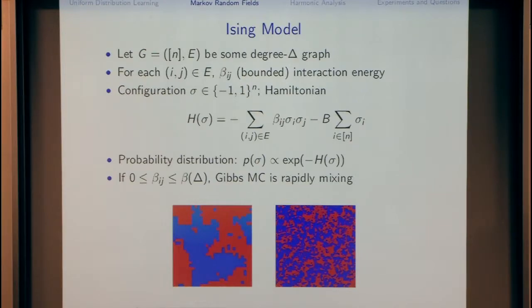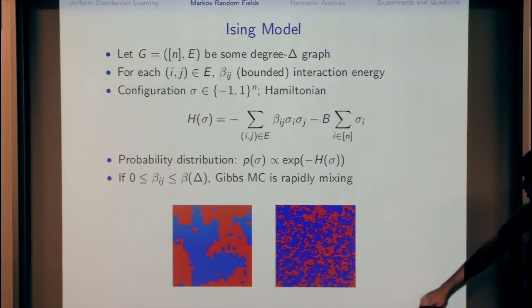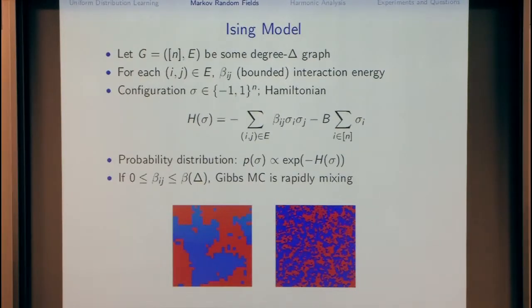If adjacent vertices have the same spin, that's preferred to them having opposite spins, and it defines a distribution on {-1, 1} to the n. It's known that as long as these betas are bounded by some parameter which depends on the degree of the graph, the Gibbs Markov chain that I defined on the previous slide is rapidly mixing. That's what's typically known as the high temperature regime. This is a picture from that. In the low temperature regime, the Gibbs Markov chain doesn't actually mix, and we'll just not worry about that.